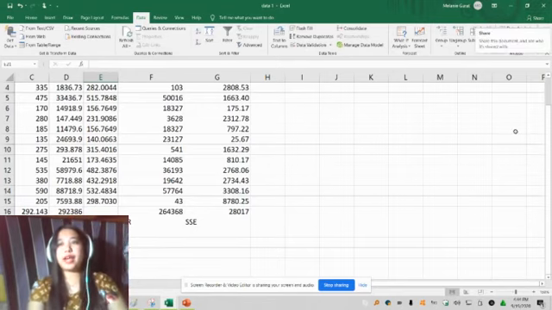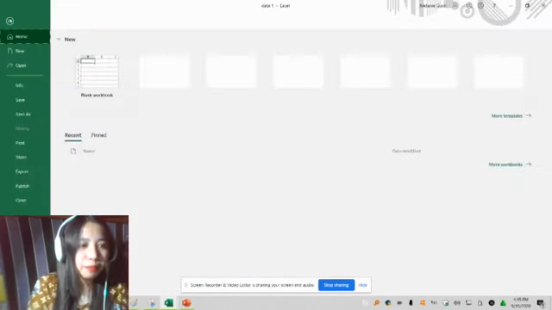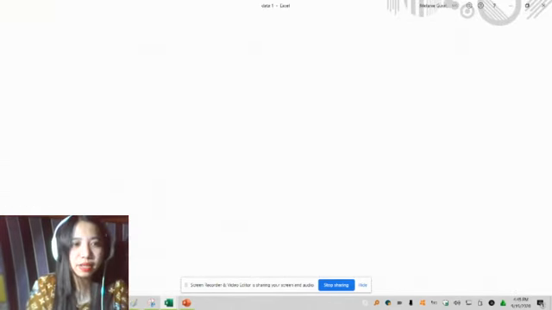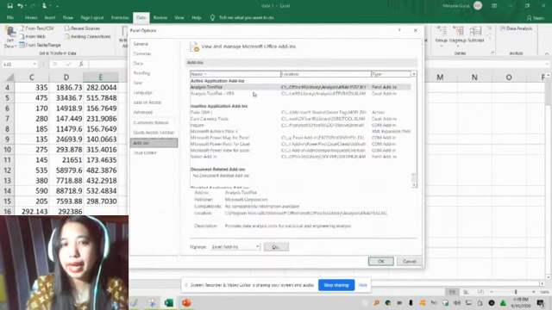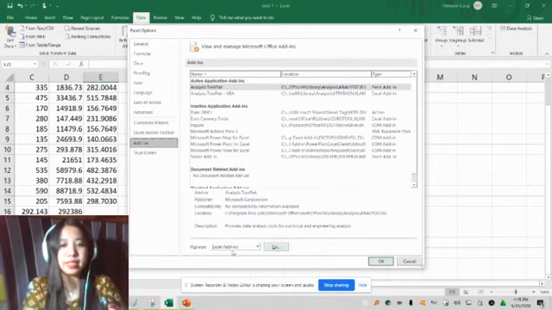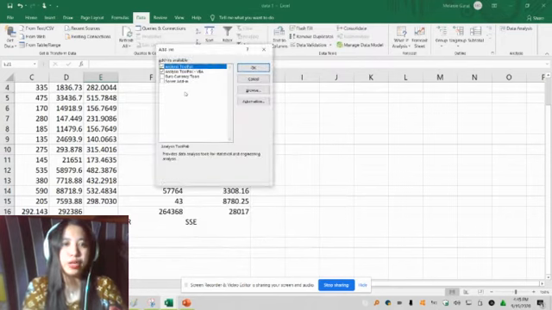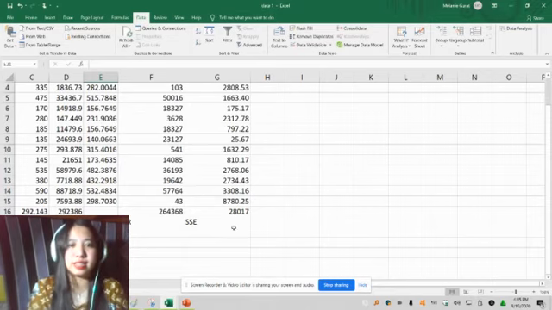However, in case that you cannot find this, you need to add it in by clicking File, Options, and then Add-ins, locate Analysis Toolpack, and then do not forget to click Excel Add-ins, then go. So just check Analysis Toolpack and then click OK. So the moment you do that procedure and then go back to data, you can already see the data analysis.